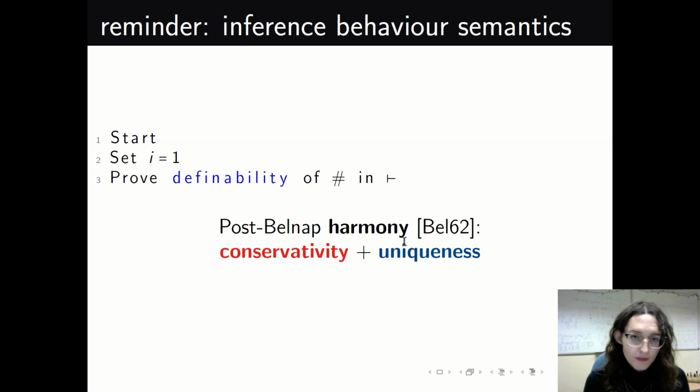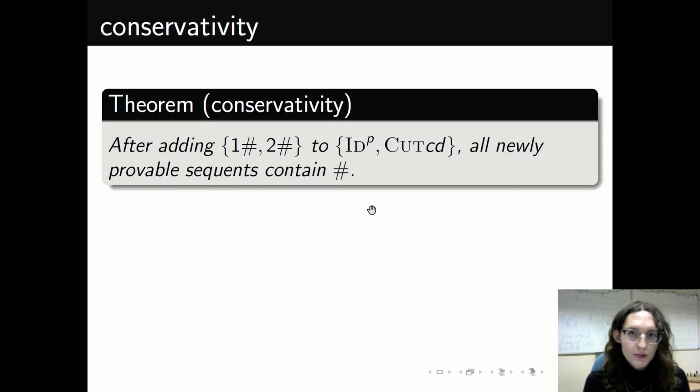Now, one thing we have to do is take our candidate connective as defined by its operational rules, add it to the minimal derivability relation we defined just now, and then show that all newly provable sequents contain hash. So we can't prove anything unless it contains the connective we just defined.